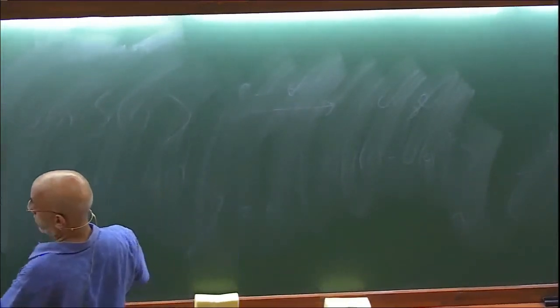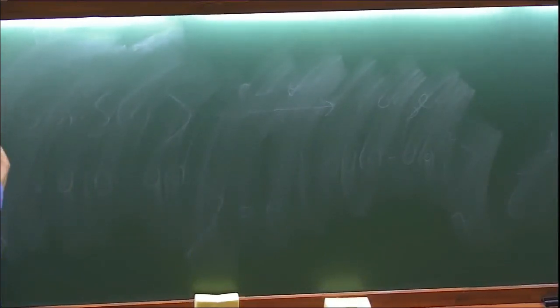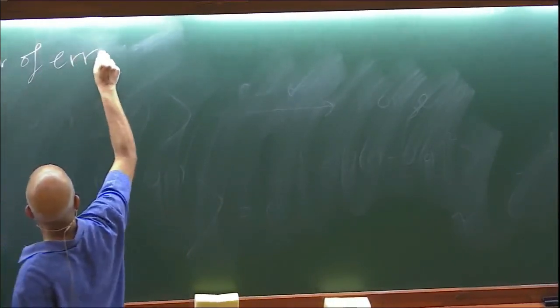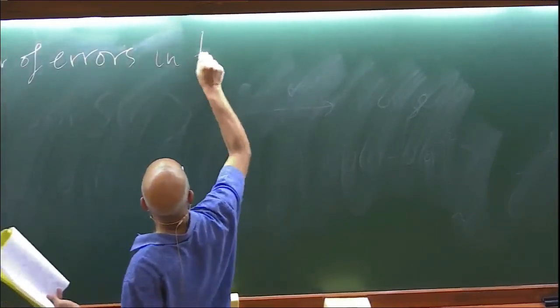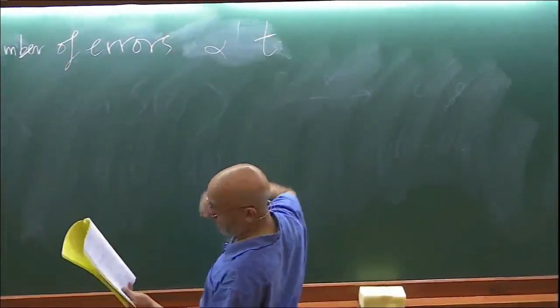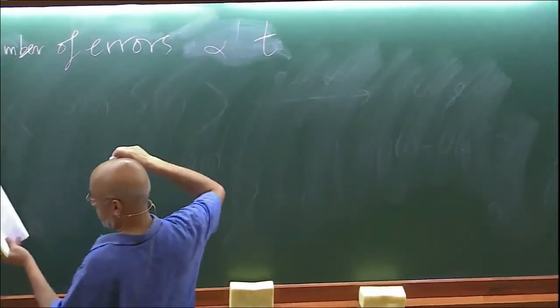So the number of such errors is proportional to time, right? There's some mean rate of making errors. Okay, each spin.